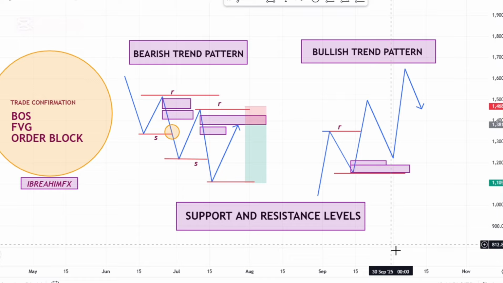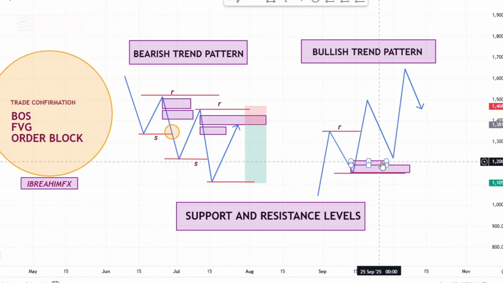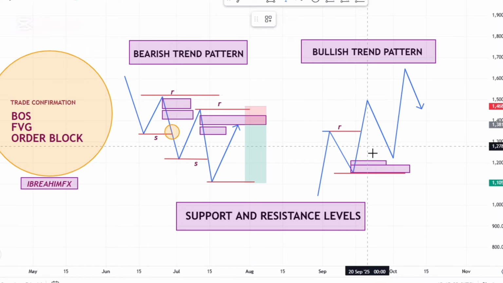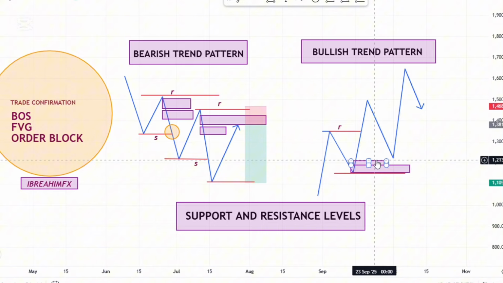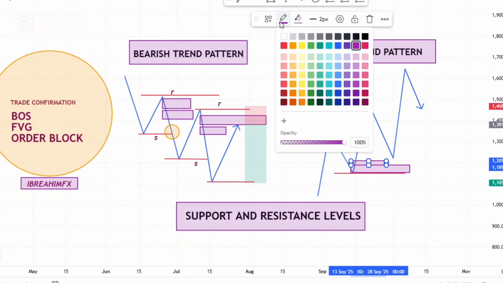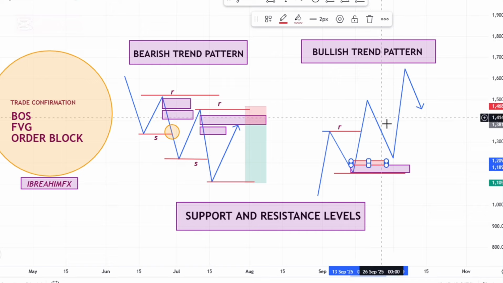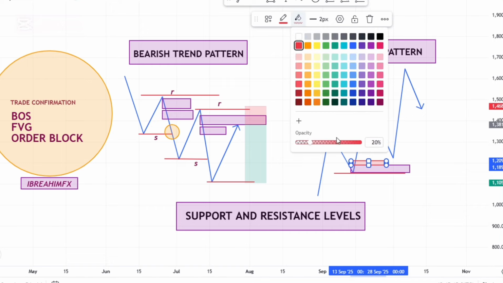Right here, after you have identified your fair value gap, this red will be your fair value gap.